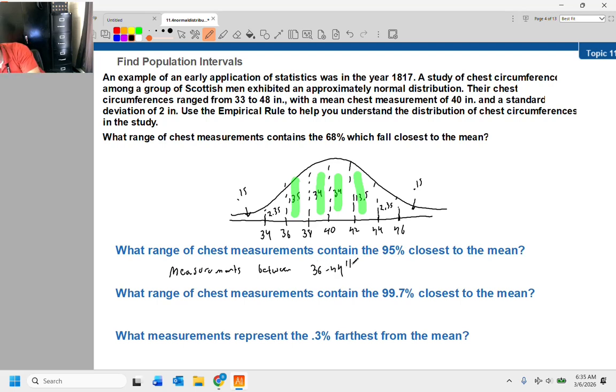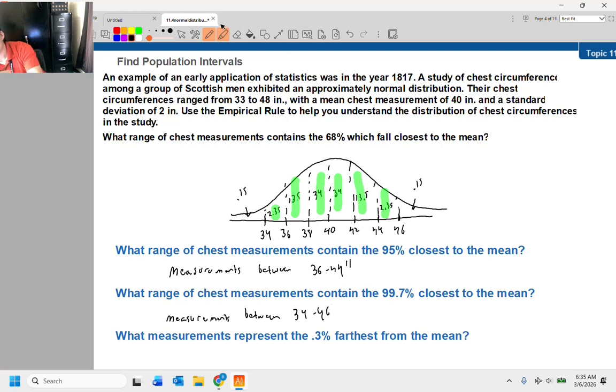Inches. What range of chest measurement contains the 99.7% closest to the mean? 99.7 is the 3 standard deviations of the mean. So we want measurements that lie between 34 and 46. What measurements represent the 0.3% farthest from the mean?